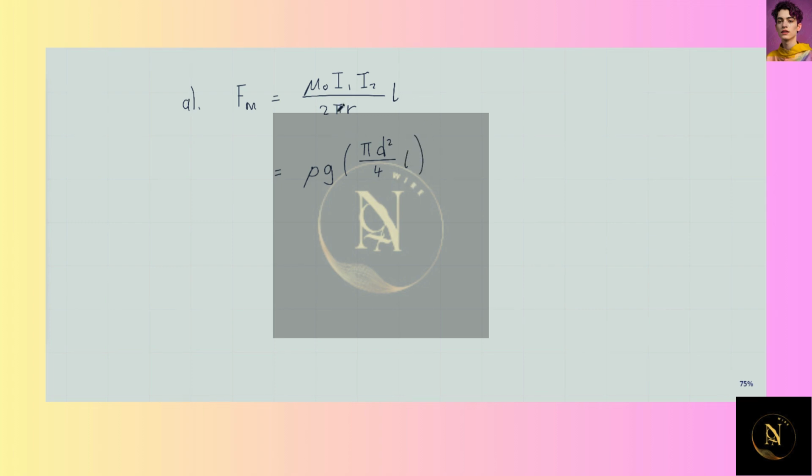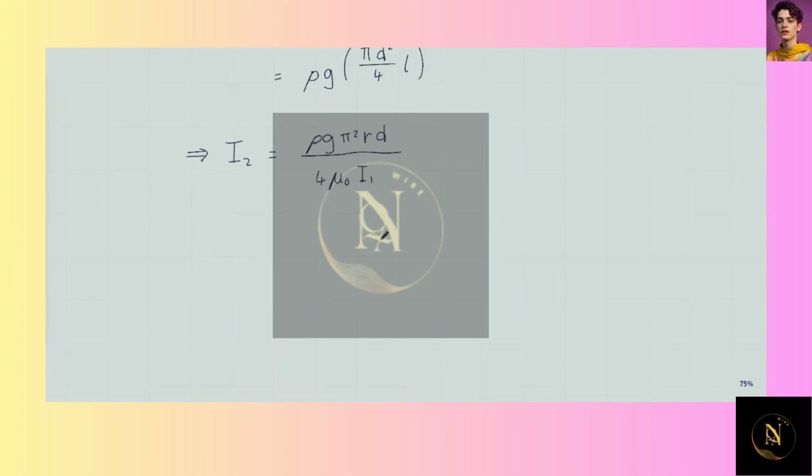Now that we've equated these two forces, because the lower wire is in equilibrium and not moving, we can rearrange and solve for the current in the lower wire I2. I2 is rho times g times pi squared r d squared divided by 4 times mu naught times the current in the upper wire I1. Since all these values are known, we can calculate I2.